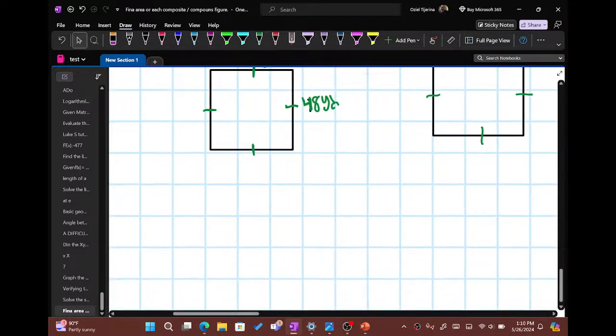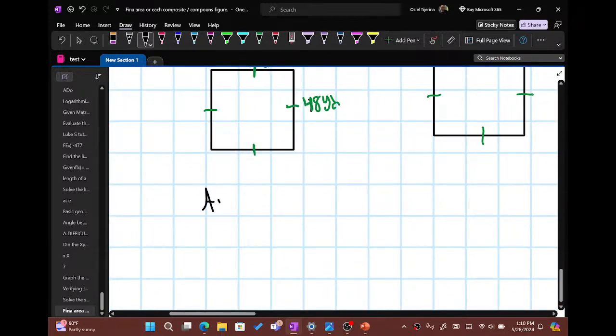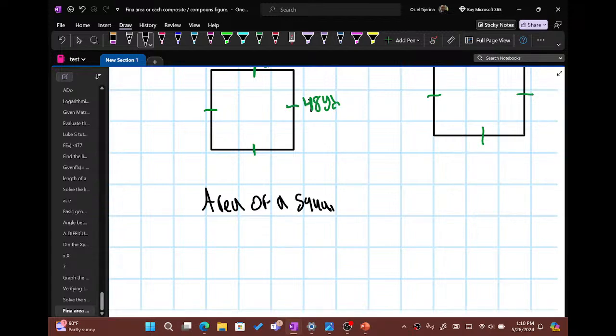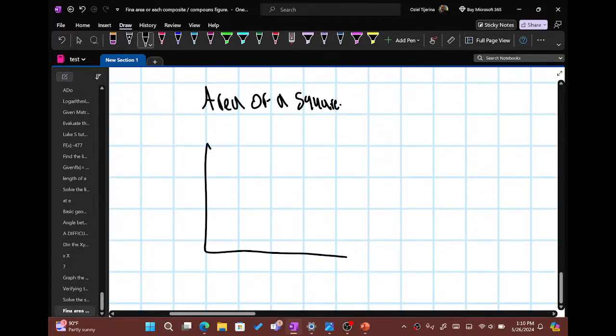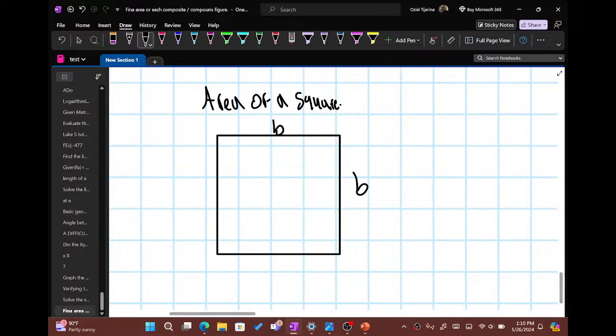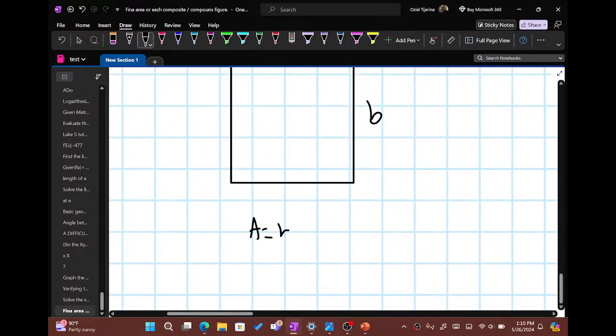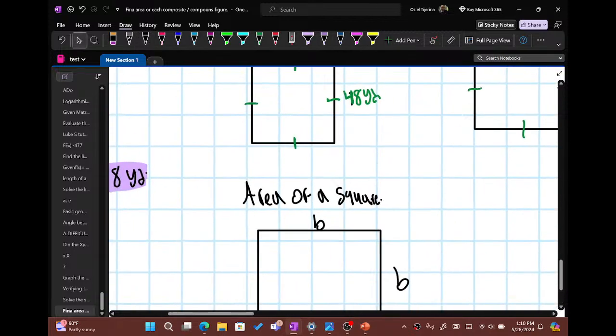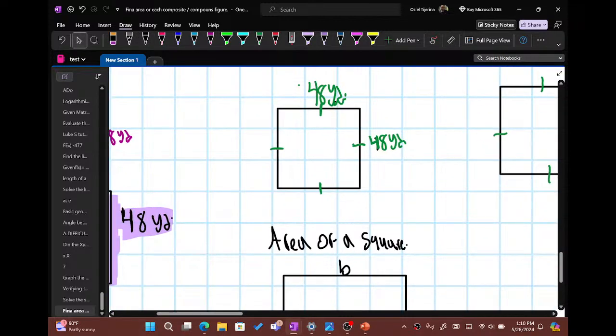So we know that the area of a square, if I know that these all have the same length, area is equal to b squared, really. It's the side length squared.